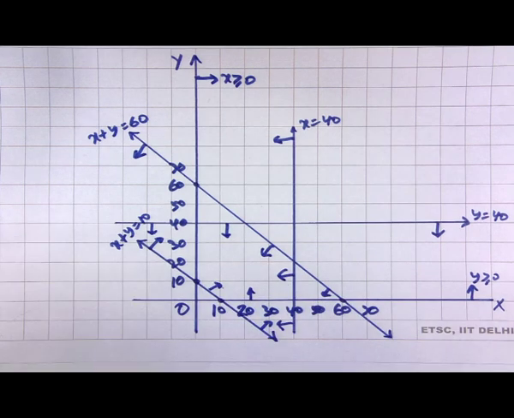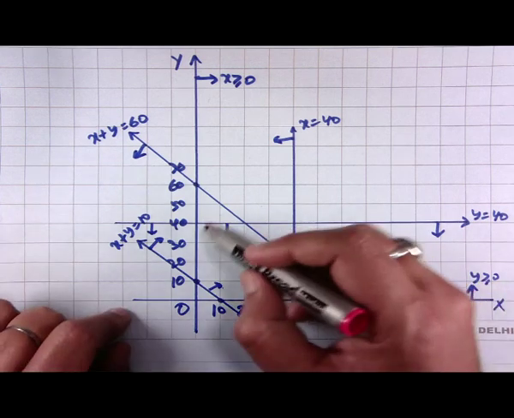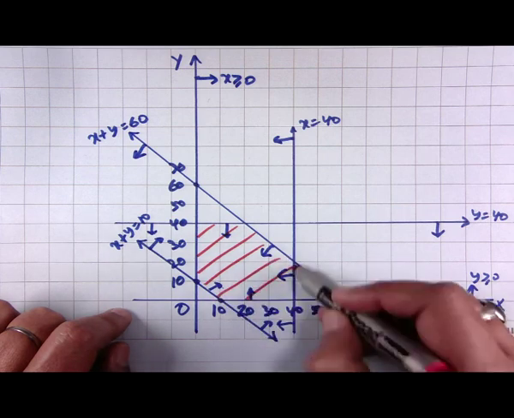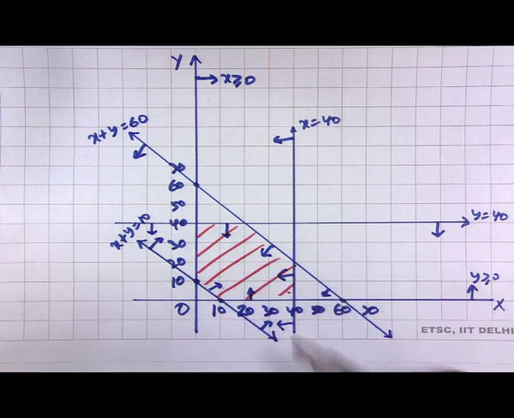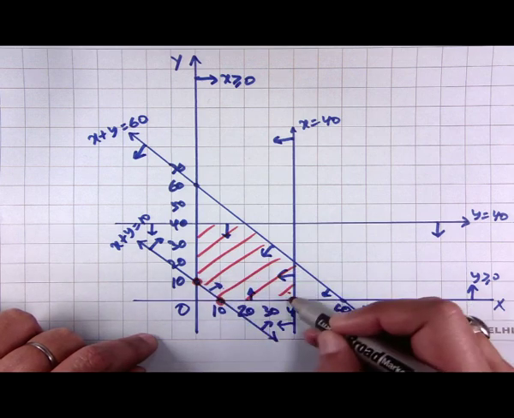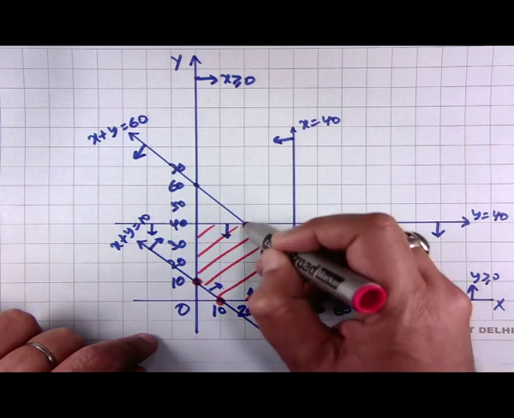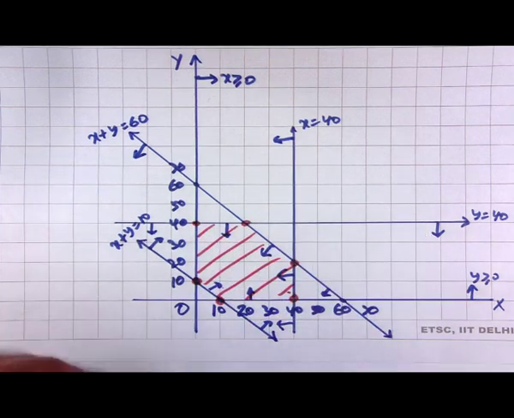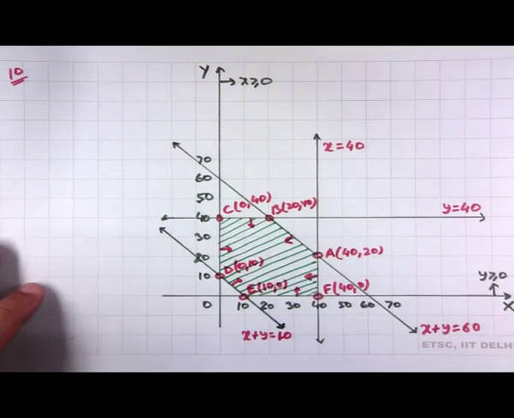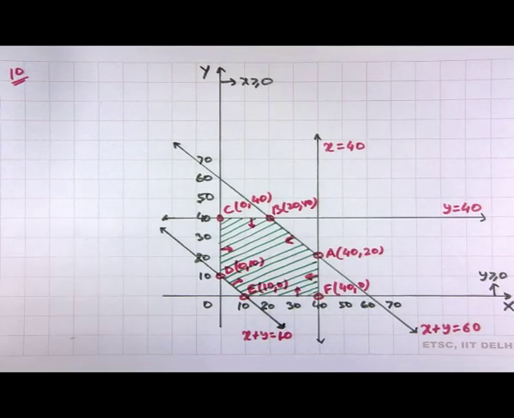So the feasible region will be this region, and the corner points of this bounded feasible region are this. So its graph is like this.